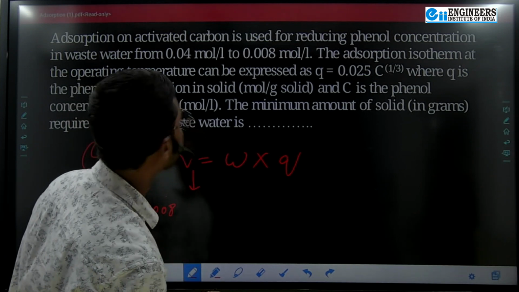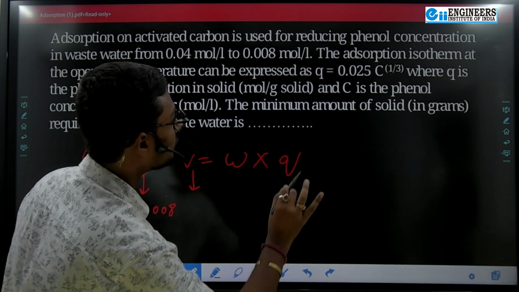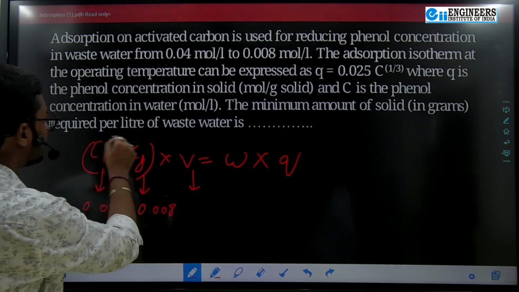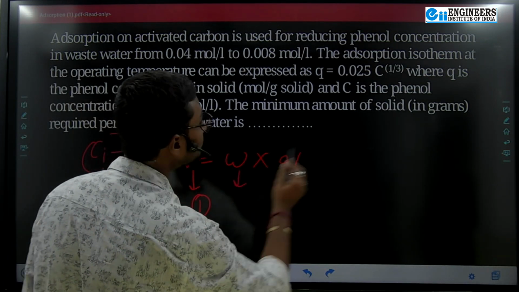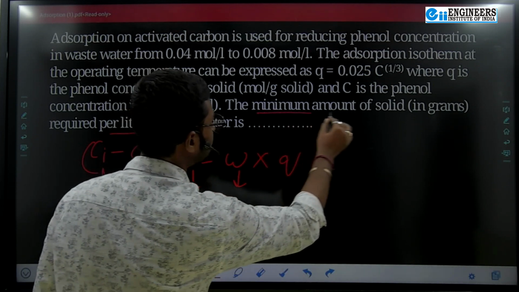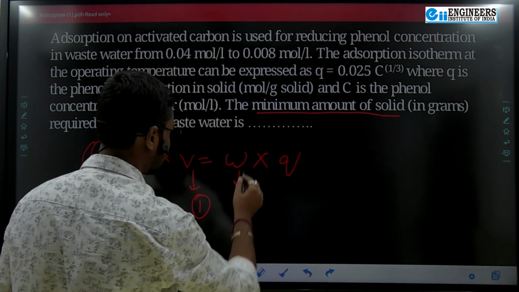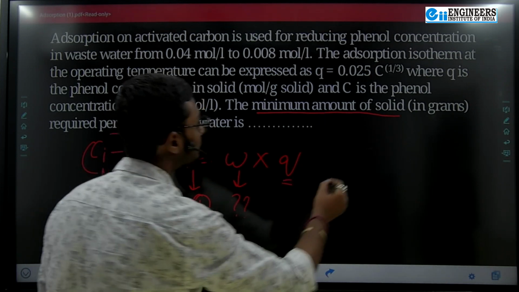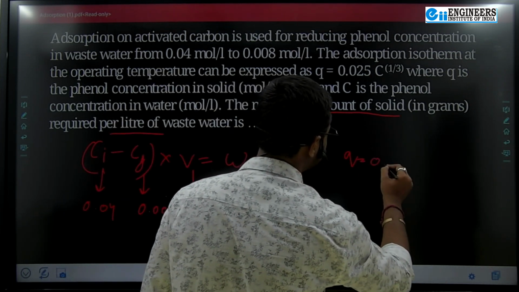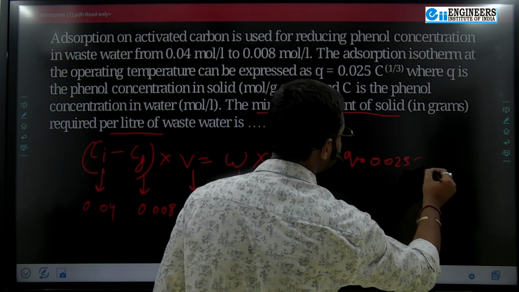Volume is not given, it is said to find out per liter, so volume we will consider as 1. W we have been told to find out, the minimum amount of solid. So W is our unknown. And Q is given by Q equals 0.025 C to the power 1 by 3.